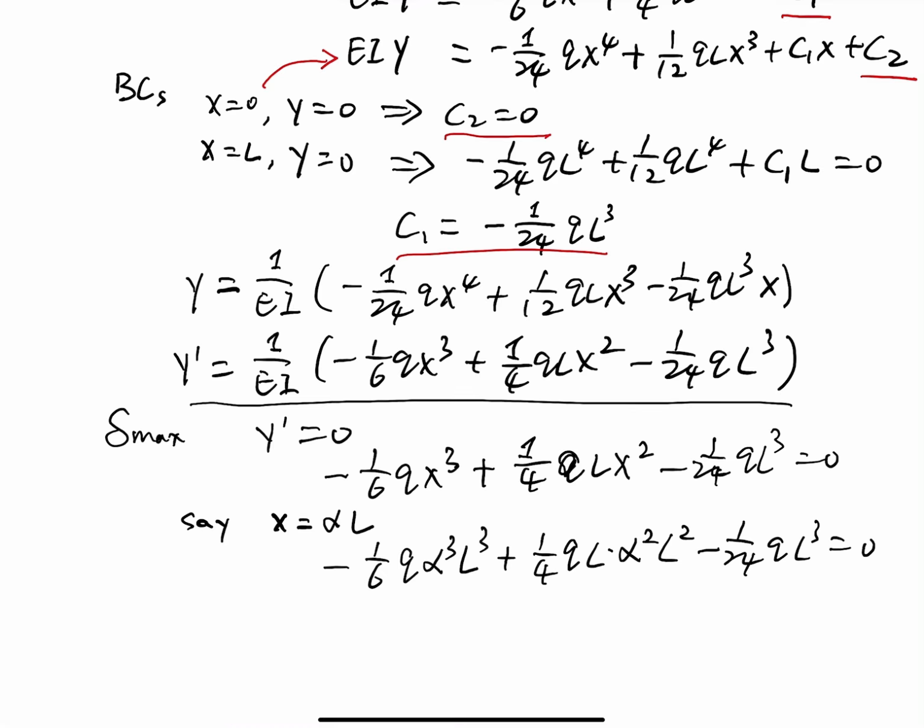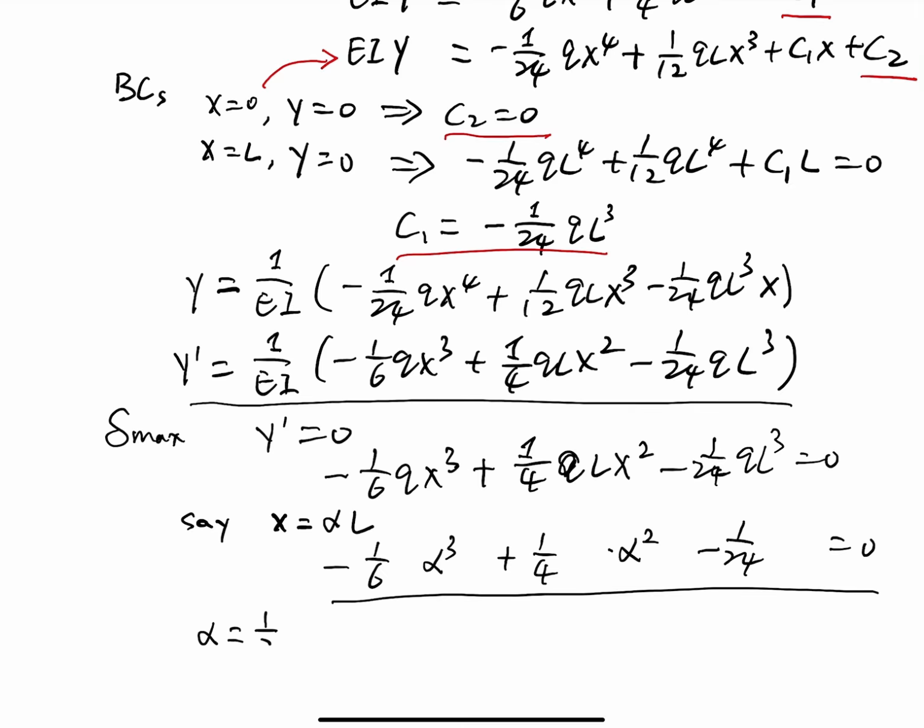We can remove q because q is a constant, and we can also remove l cubed. Then we get the final equation. One of the solutions is alpha equal to 1 over 2.